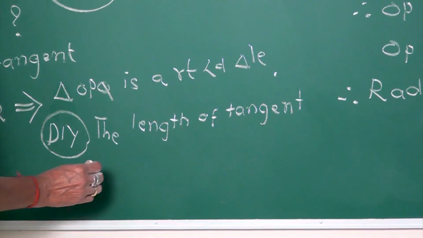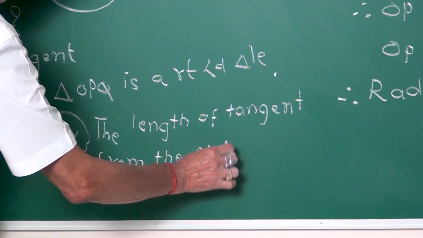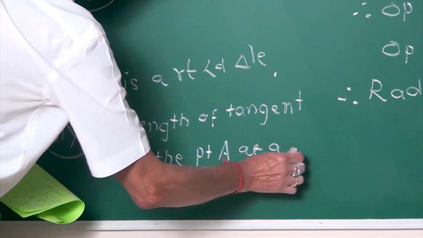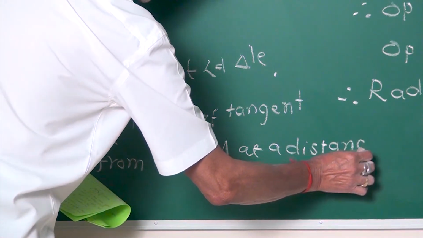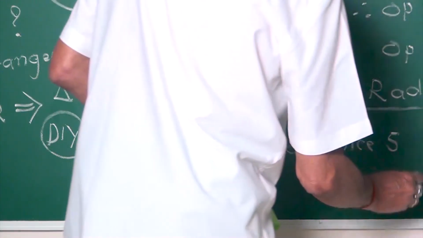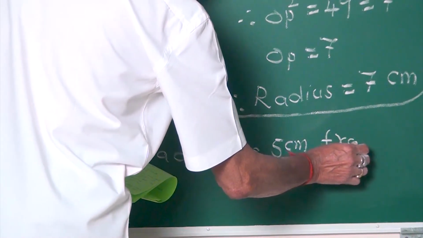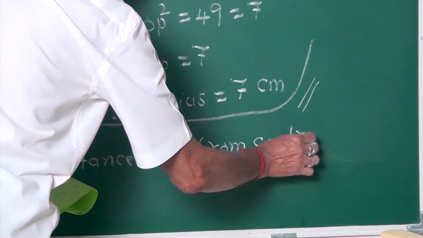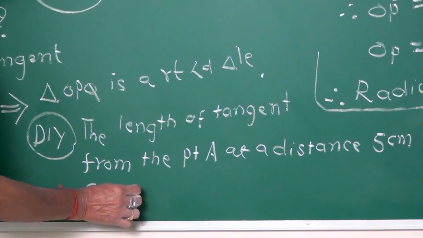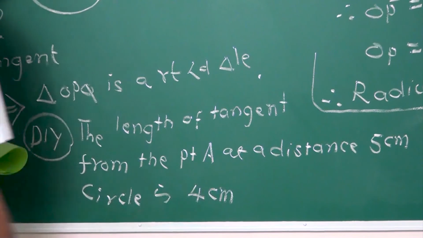Now the length of tangent from the point A, at a distance 5 centimeter from the center of a circle, is 4 centimeter.